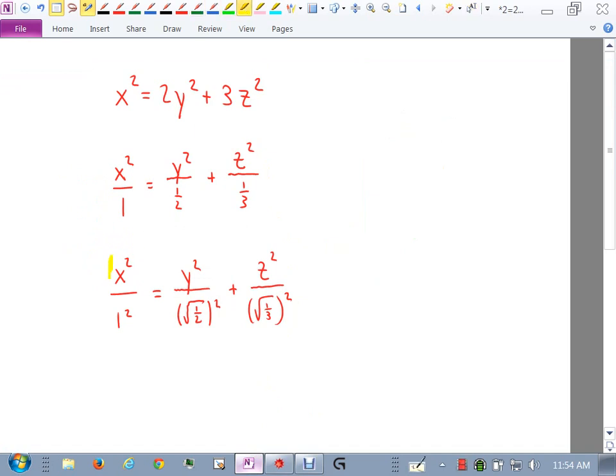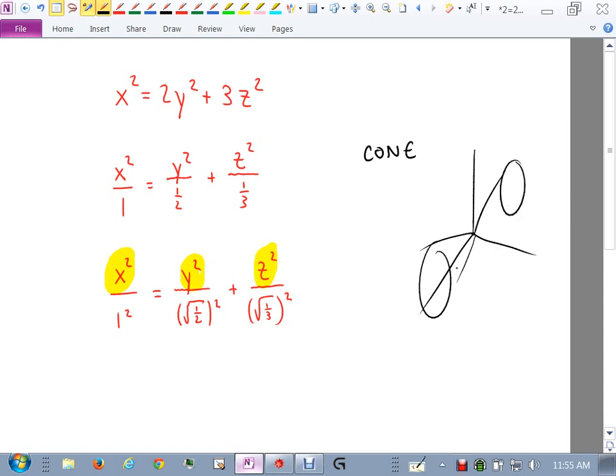0, 0, 0. It doesn't look like we've done any modifications to the squared parts, have we? Like that's not x minus 1. It's not y minus 2 or something like that. So this is definitely a cone. Again, I'm not sketching it, but I'm just trying to get an idea. It comes down the x-axis. If this is x, y.